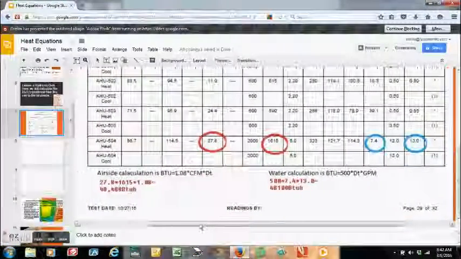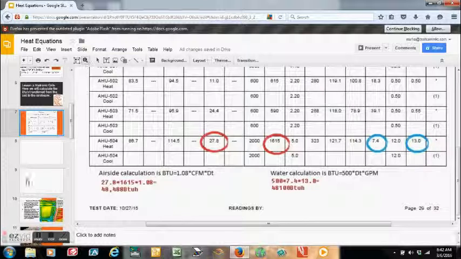We have our airside differential temperature of 27.8 times our actual CFM of 1615 times 1.08 equaling 48,488 BTUs.